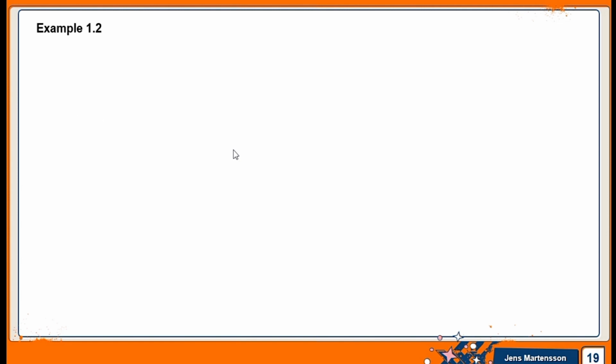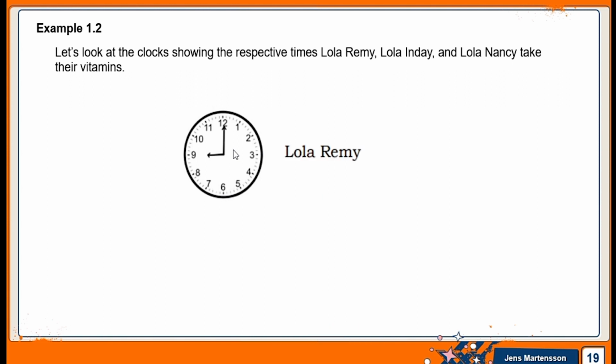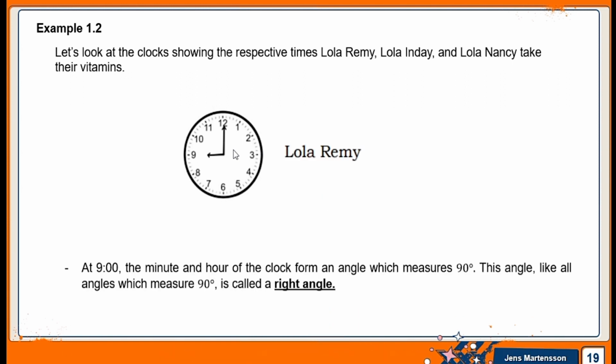So we also have example number 2. Let's look at the clock showing the respective times Lola Remy, Lola Enday, and Lola Nancy take their vitamins. So we have an illustration of a clock here. This is for Lola Remy.